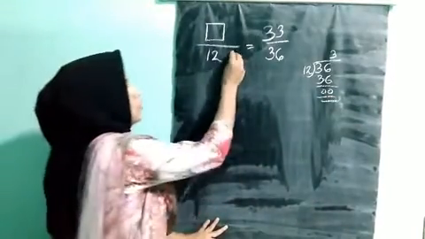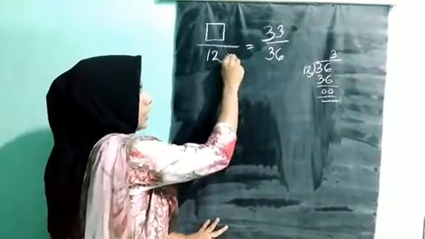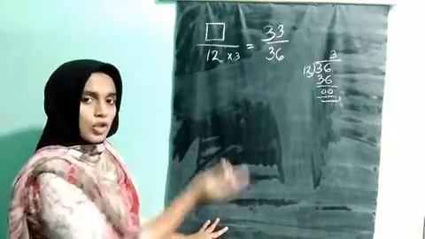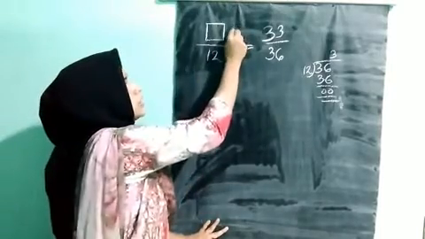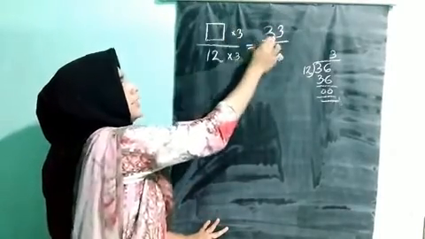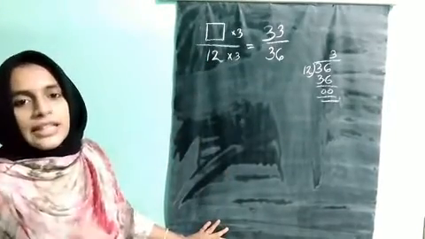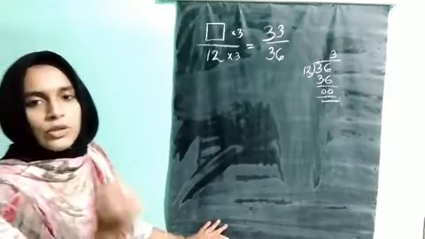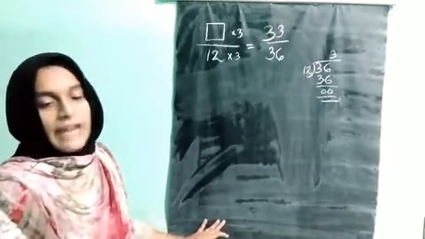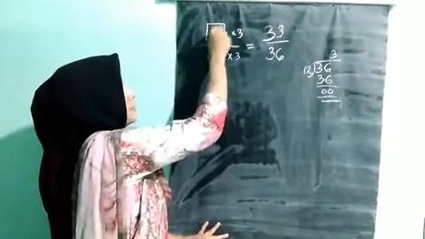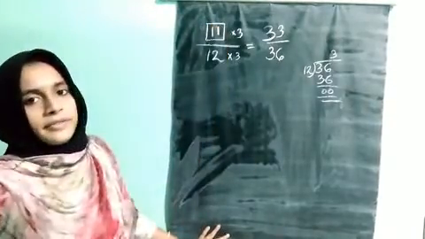So numerator also multiply with the 3 and you will get 33. So dash into 3, 33. 10 into 3, 30. 11 into 3, 33. So the answer is 11.